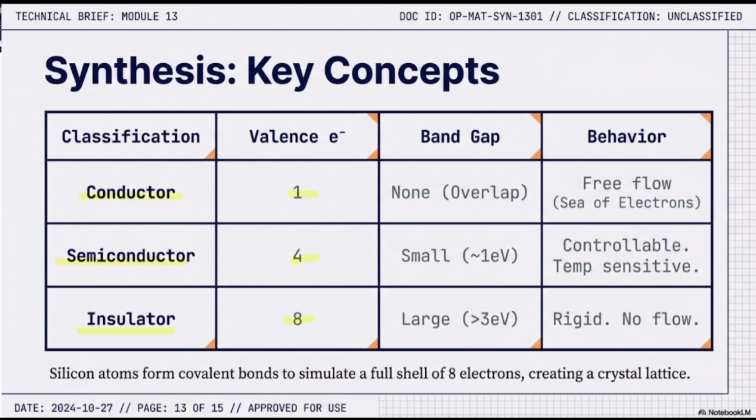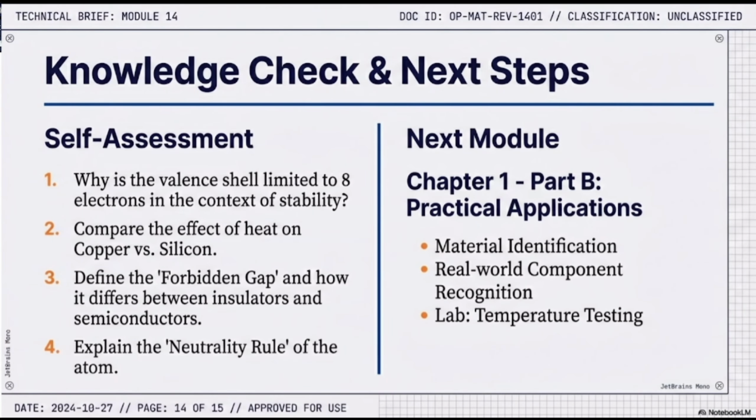For conductors we have no gap, with overlap, meaning the free-flowing sea of electrons. And when we have the forbidden gap, that orange gap if you remember, if it's small, it means it is controllable based on temperature. It is so sensitive. And if it was large, it means it is rigid and we don't have any flow.